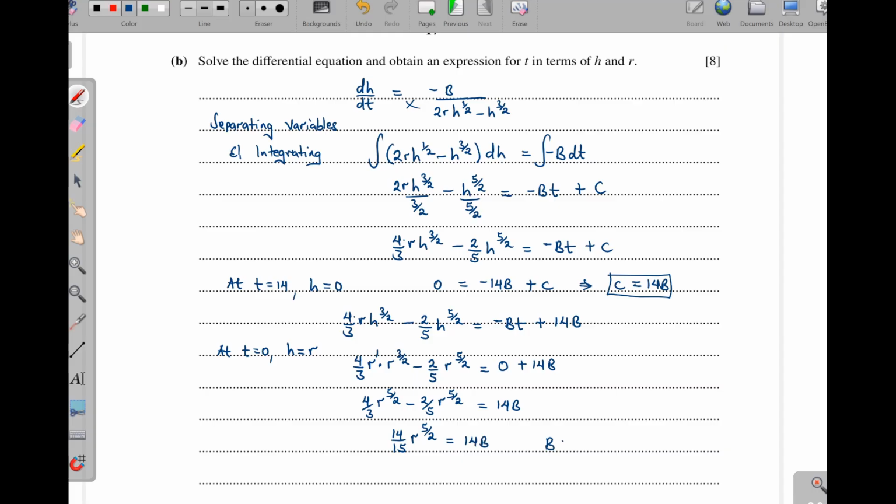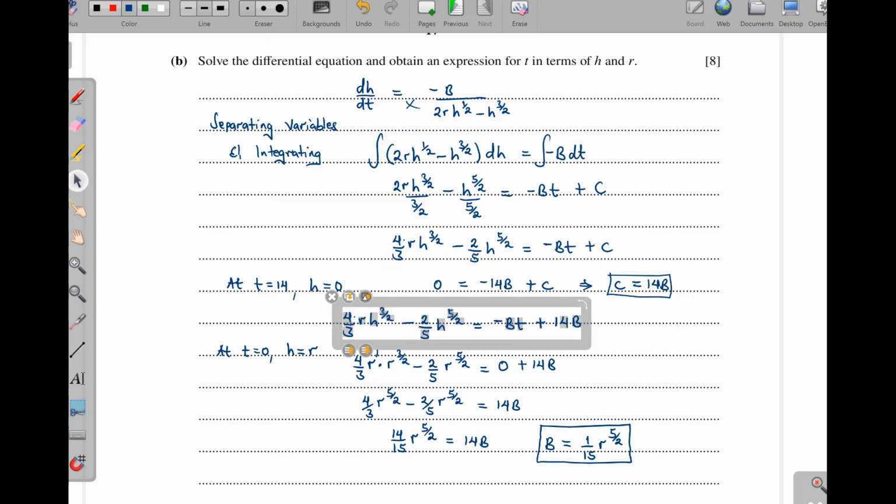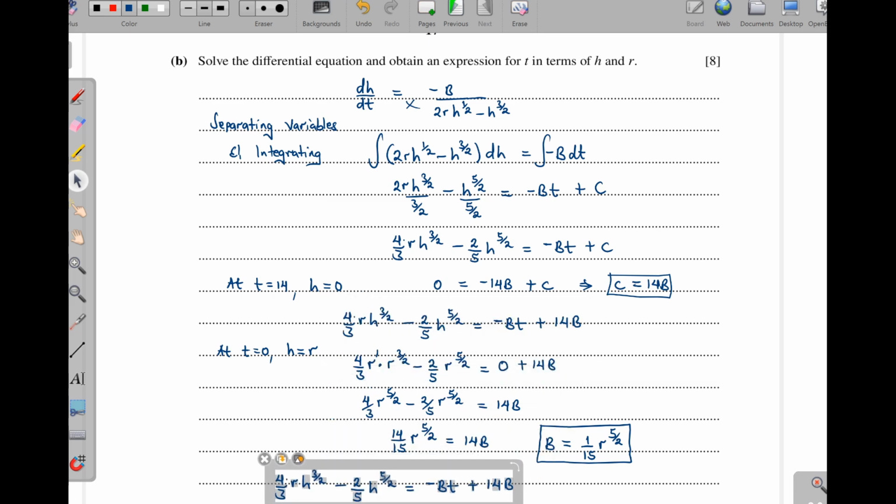Now that means b is going to be, when you divide all through by 14, this 14 will go, so b will be 1 out of 15 of r^(5/2). You see that? Now we go back to our particular solution here, and I will bring this one down here.